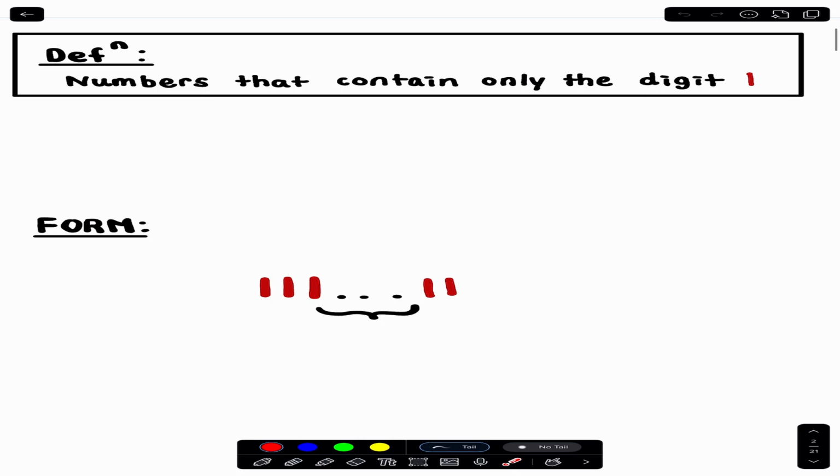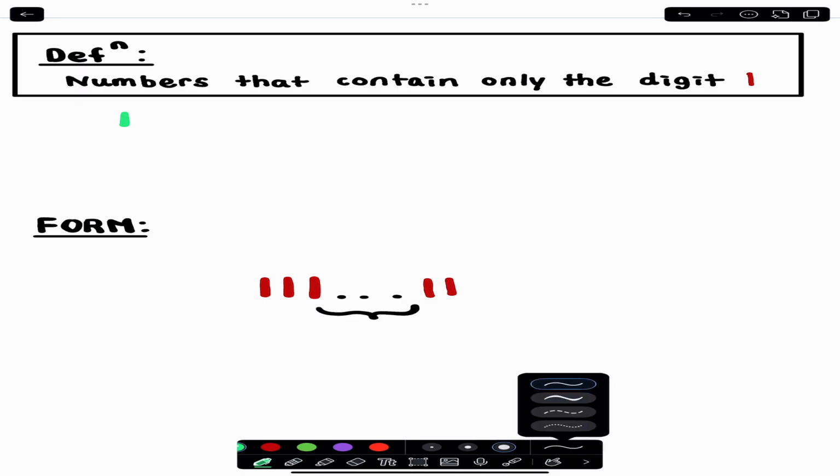So a rep unit, by definition, is any number that contains only the digit 1. I'm going to write out a few examples of rep units. The number 1 is a rep unit. Sorry, that looks a little thick, so I'm just going to make that a little thinner.